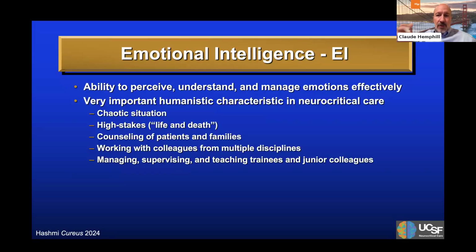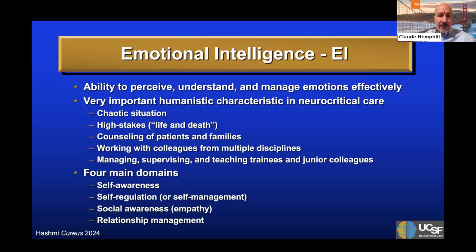And it is a very important characteristic in neurocritical care because of the chaotic situation, high stakes, counseling patients and families, working with colleagues from multiple disciplines, managing, supervising, teaching trainees. And there are four main domains: self-awareness, regulation, social awareness, empathy, and relationship management.